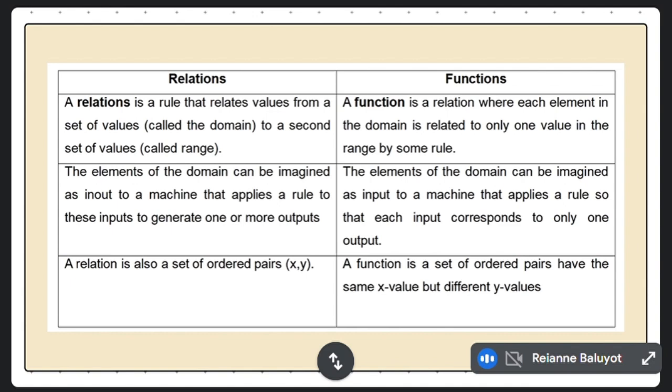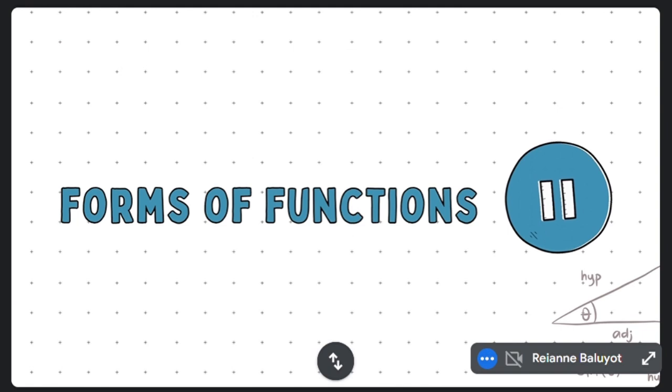Okay, and a relation is also a set of ordered pairs, which is x and y, and a function is a set of ordered pairs that have the same x value but different y values. Okay, magkakapareha ang functions sa mga x values, yung nauunang values sa ordered pairs, at pwedeng magkaiba-iba ang values ng ating y. Okay?